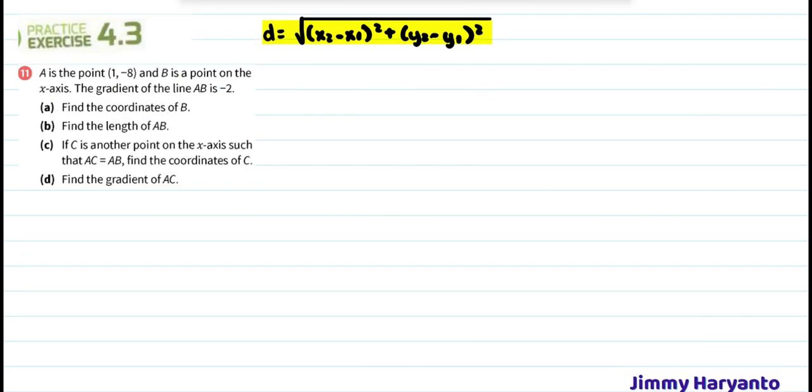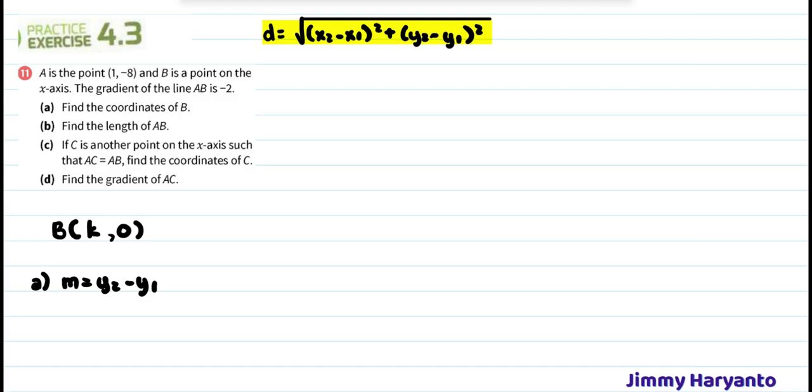Next is question 11. For question 11, B lies on the x-axis. That means y equals 0. So we don't know the x yet. Let's label it as k. The gradient is negative 2. The formula of gradient is y2 minus y1 over x2 minus x1.